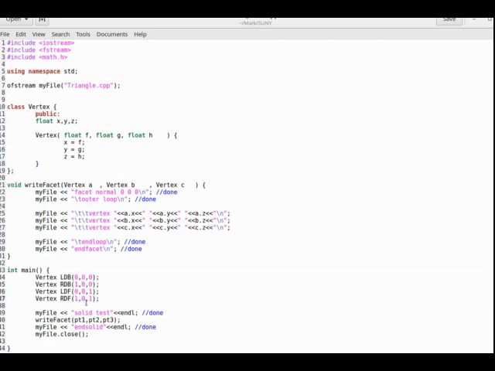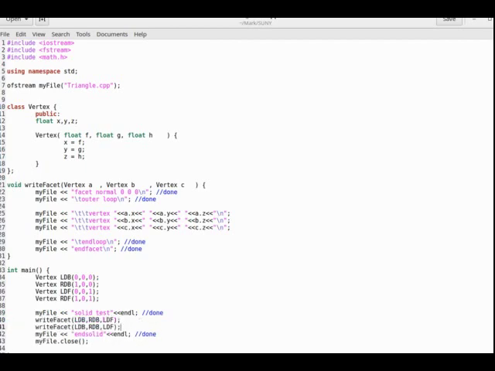Okay, now I'd like to draw two triangles that represent the bottom side of this cube. So the first triangle, I'm going to start at vertex left, down, back. I'm going to move to vertex right, down, back. And then I'm going to go to vertex left, down, front. That'll give me one of the triangles.